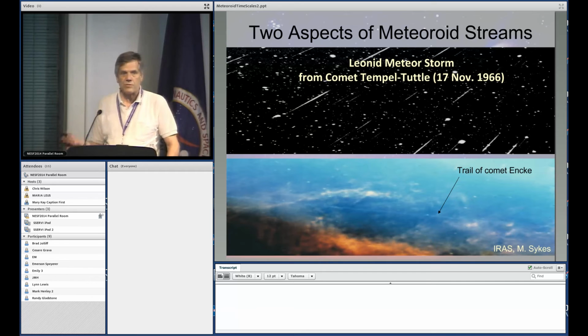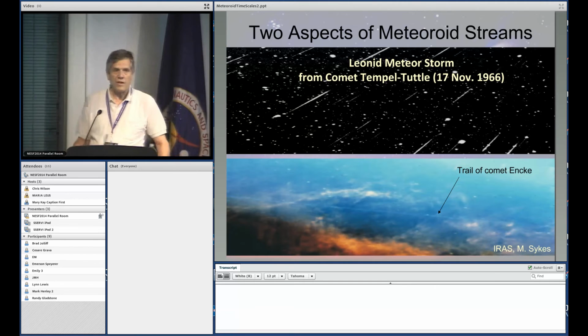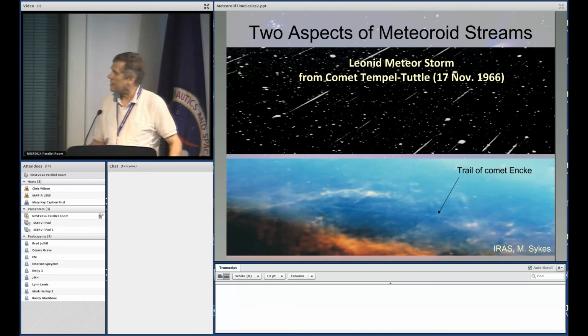Now, there's another method to look at these in space, and that's through infrared observations. One of the earliest infrared space telescopes, the IRAS mission, looked in the mid-infrared wavelengths, 10 to 100 micron, and it saw trails along the orbit of comets, in this case Comet Encke.